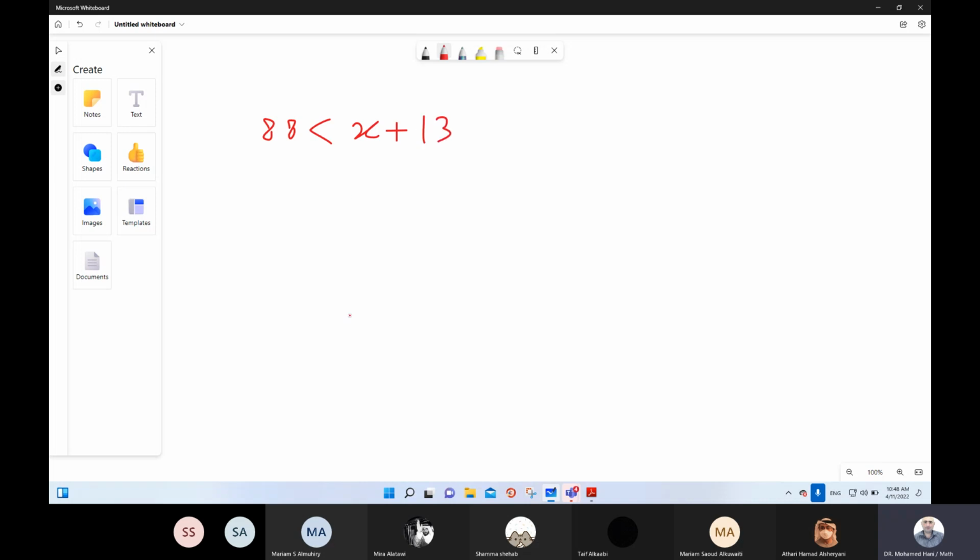To solve this inequality, try to keep the variable alone on this side, so try to remove the number 13.